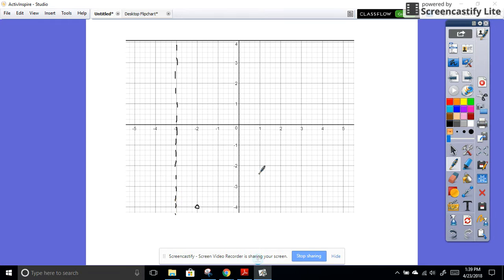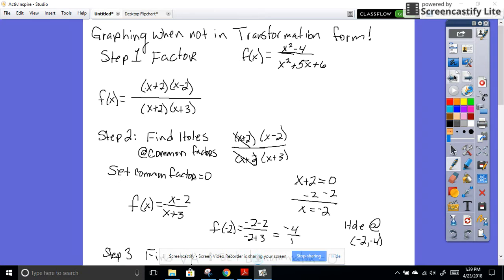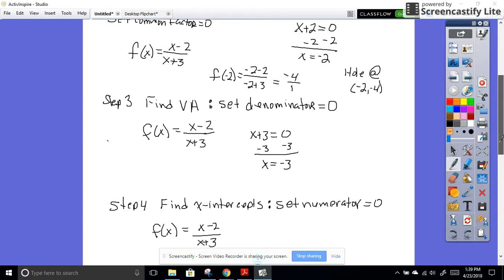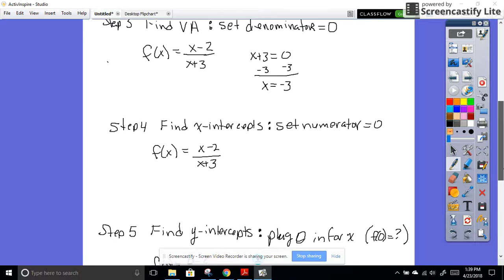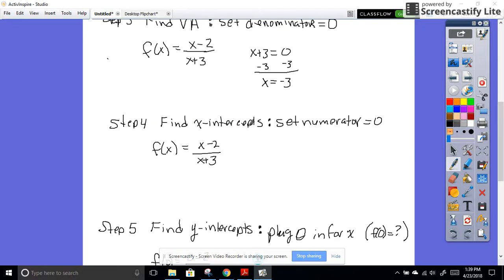Okay, vertical asymptote. So now to finish finding pieces of my graph, I'm going to find my x-intercepts. I find any x-intercepts simply by setting the numerator, and just the numerator, equal to 0. So there's the simplified version of my problem. X minus 2, set it equal to 0, solve for x.